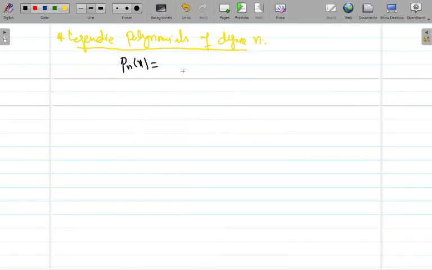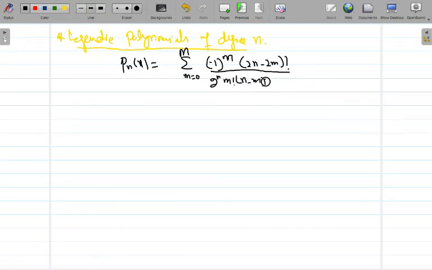Pn of x is equal to summation m is equal to 0 to capital M of (minus 1) power m times (2n minus 2m) factorial divided by 2 power n, m factorial, (n minus m) factorial and (n minus 2m) factorial. This is, for example, equation A.